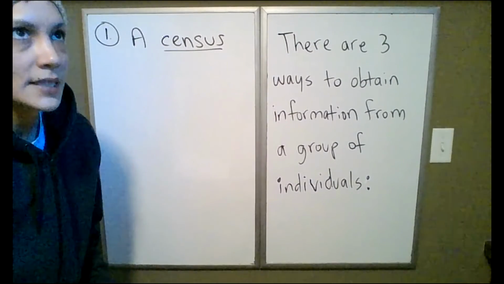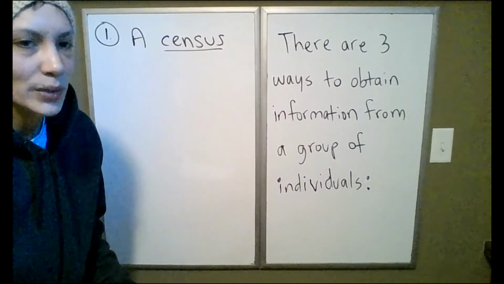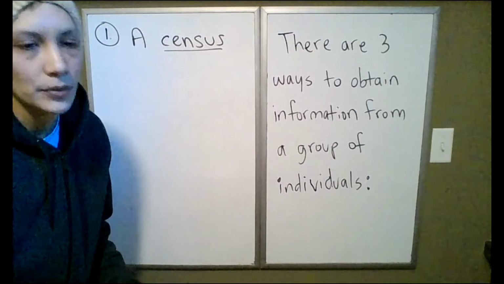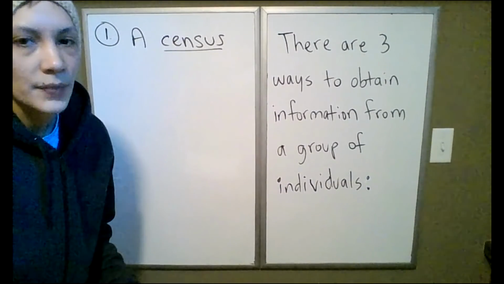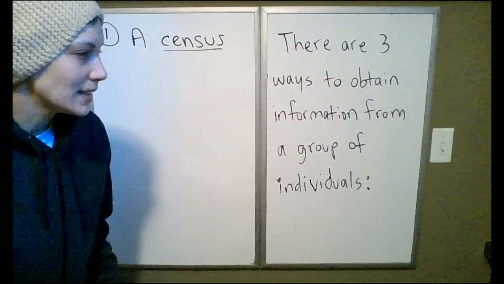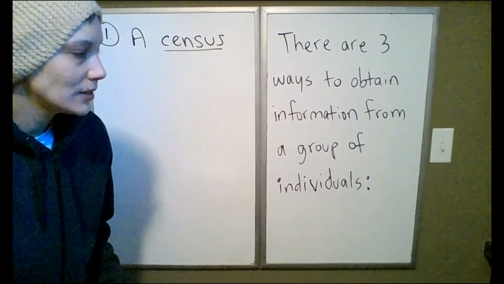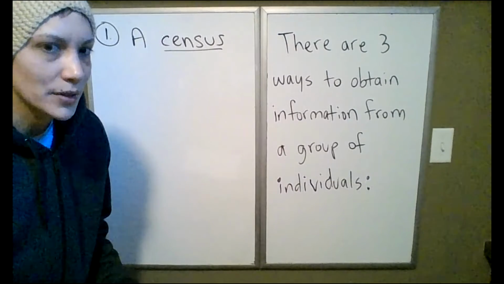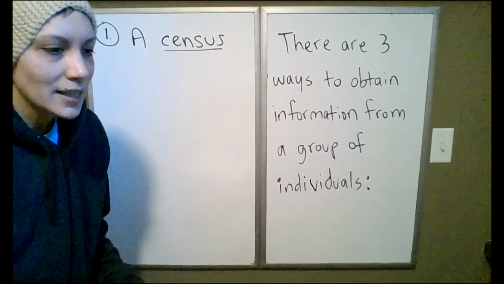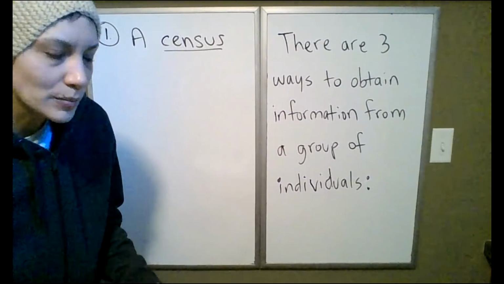So I think a census was recently done where people went house to house collecting information from the population. I don't know if it was a US census or a California census, but I just remember people going around my neighborhood asking each house to complete a survey.